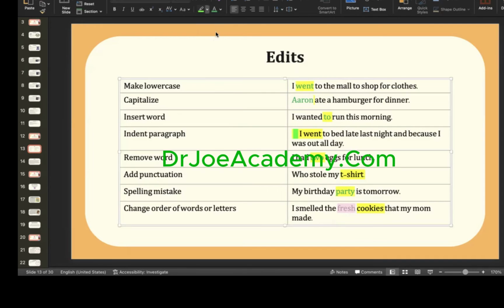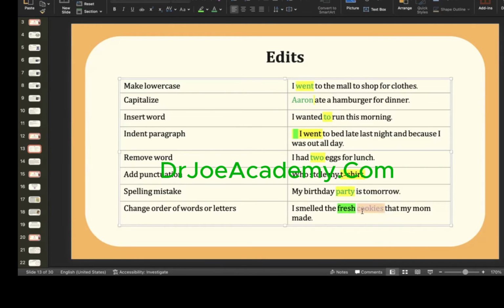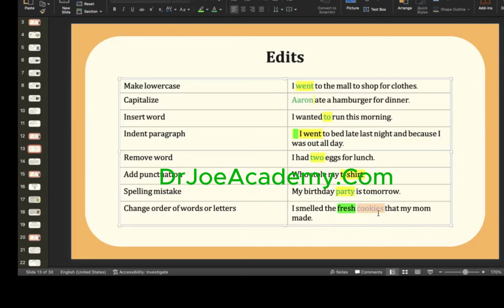I smelled the fresh cookies that my mom made. Good. And what's the noun? The cookies, right? Cookies. Good. Awesome. Nice job.